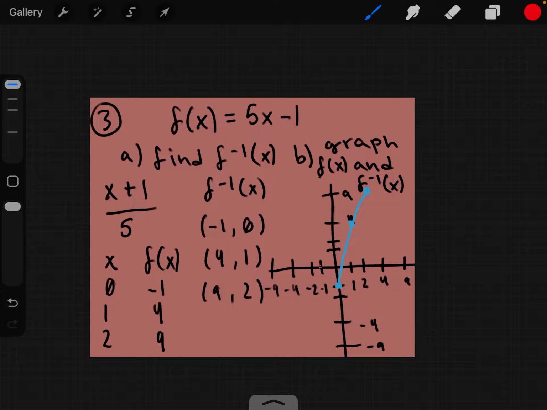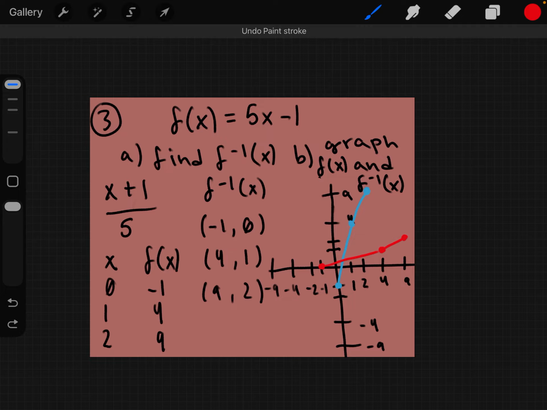For the inverse, negative 1 on x, 0 on y, 4 on x, 1 on y, 9 on x, 2 on y. They're going to give you pictures of graphs. You just pick which one is the right one. I recommend zooming in as far as you can and making sure that at least one of these points is actually being touched.